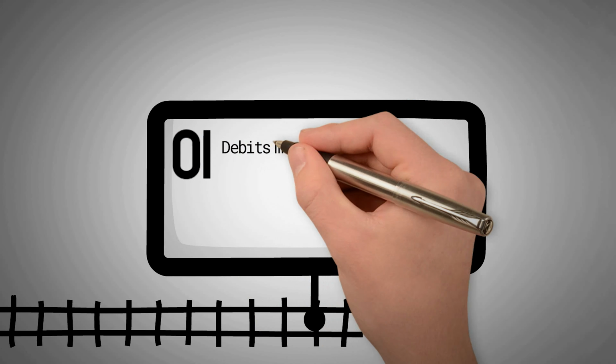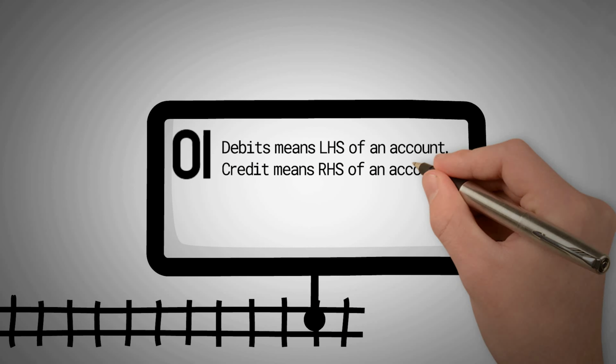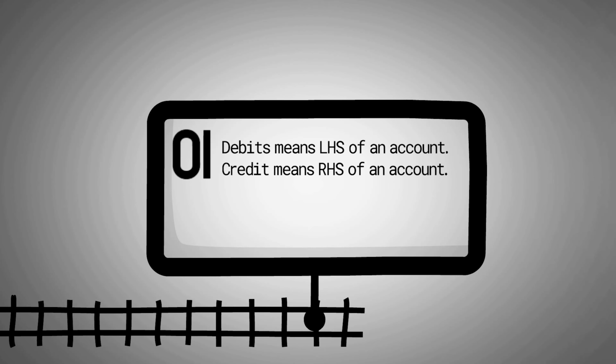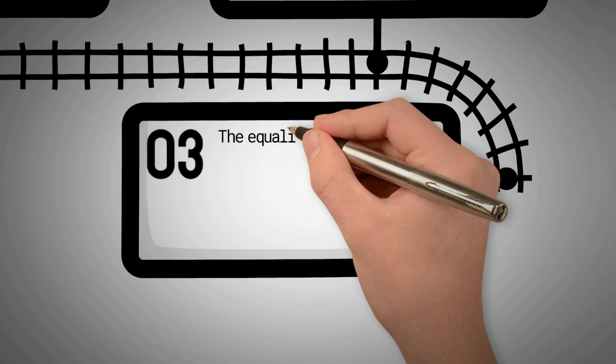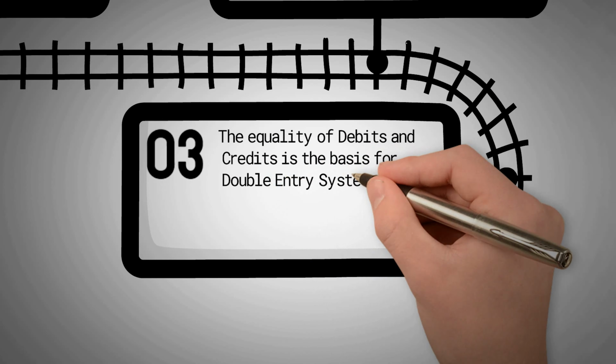Now, to sum up, debits mean left hand side of an account and credits mean right hand side of an account. The debits must always be equal to the credits. This equality of debits and credits is the basis for the double entry system of bookkeeping.